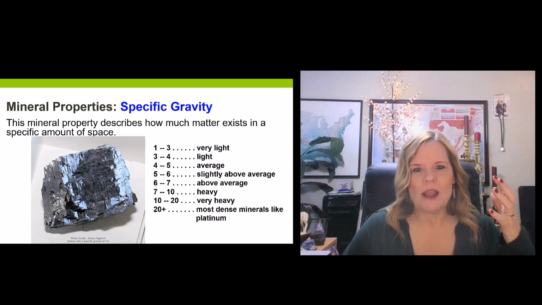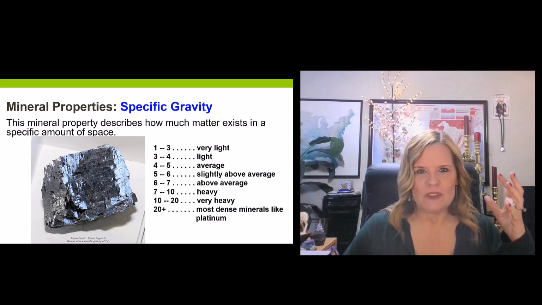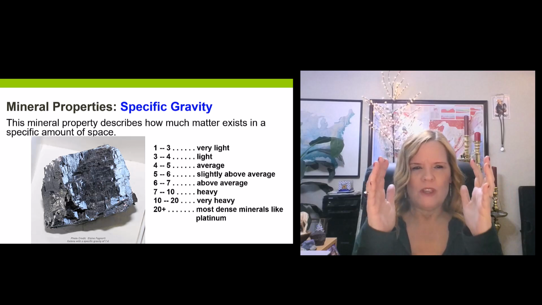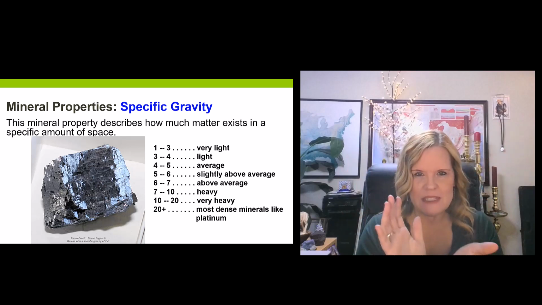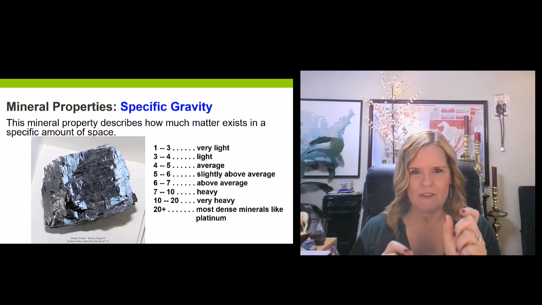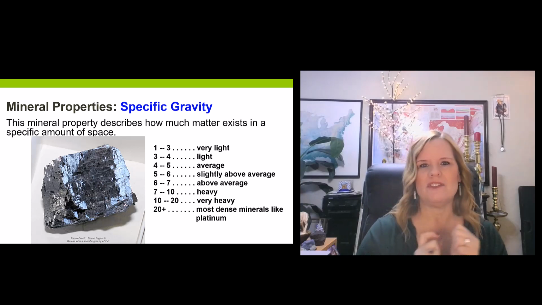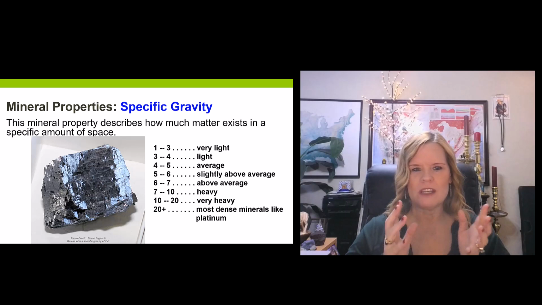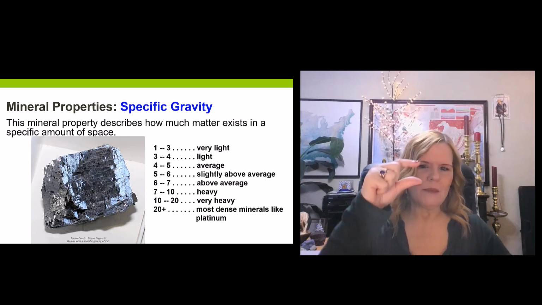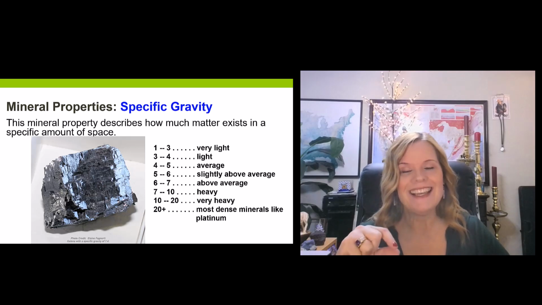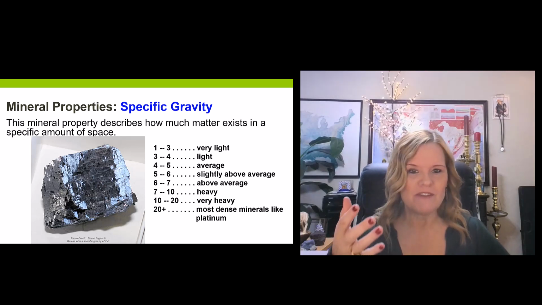So when we think about specific gravity, we're thinking about how much matter exists in a specific space. The sample in this picture is literally only about 1 inch by 1 inch, and I have a zoomed in picture I took of it. But if you pick up this sample, it is heavy for its size. That's because it has a high specific gravity.